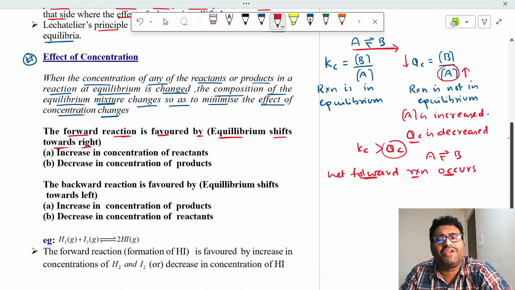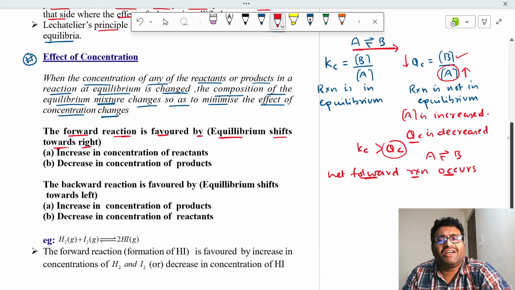Why must Qc be equal to Kc? Because the tendency of a reversible reaction is to attain equilibrium. If it has to attain equilibrium, the concentration of B must increase and the concentration of A must decrease. Then the forward reaction has to happen.